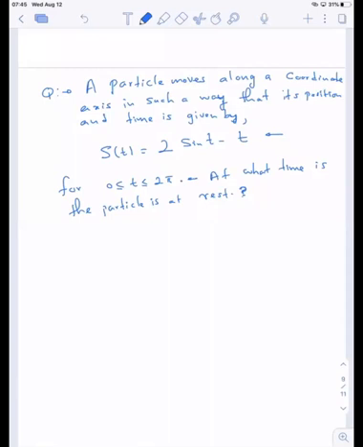But what you are given is actually the function of position, which changes with time, 2 times sine t minus t. So this is the equation. And if the particle is at rest, what should happen to its velocity?